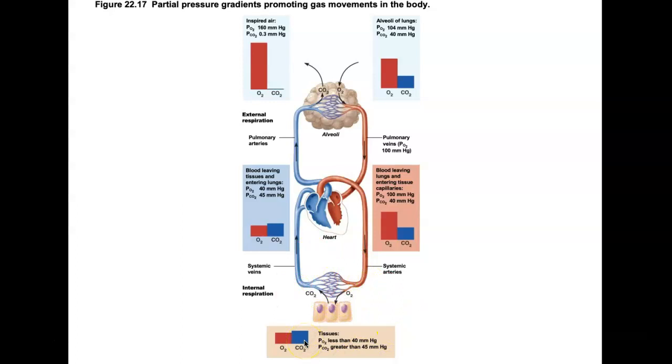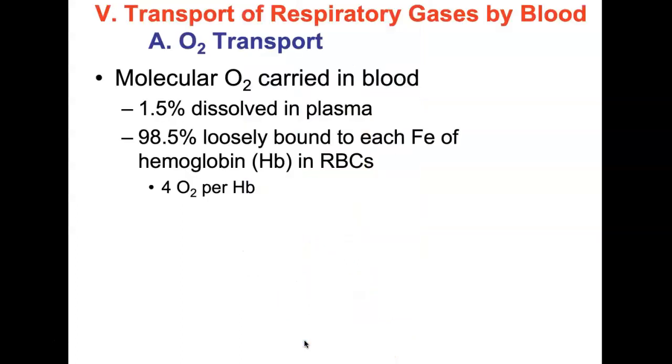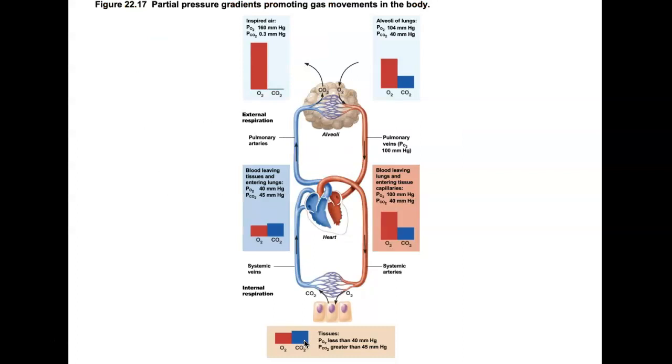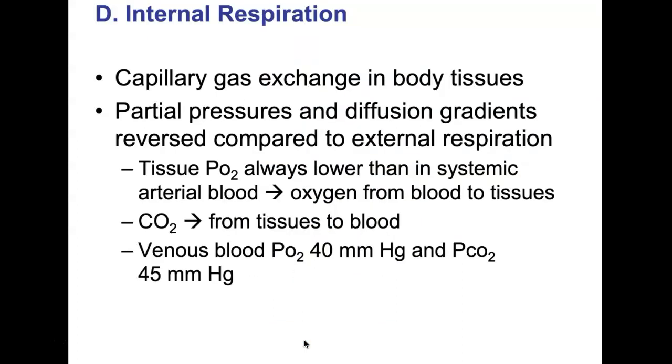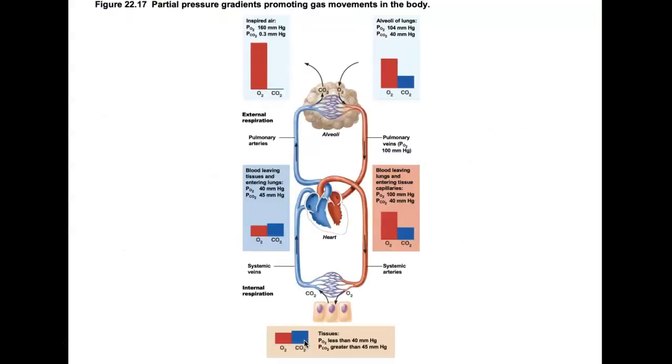Tissue cells continuously use oxygen for their metabolic activities and produce carbon dioxide. Because the partial pressure of oxygen is always lower in tissues than it is in the systemic arterial blood, notice that this is 40 millimeters of mercury versus 100 millimeters of mercury, oxygen moves rapidly from blood into tissues until equilibrium is reached.